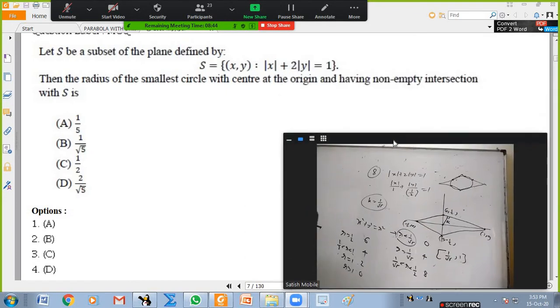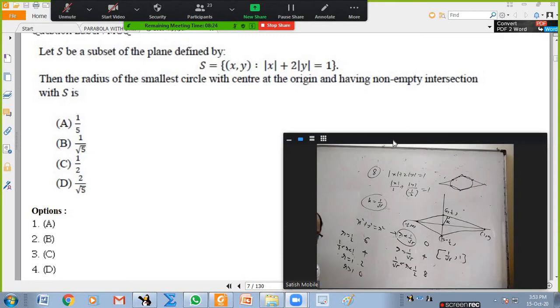As long as your radius is anything in the closed interval 1 by root 5 to 1, there will be some intersection. It may be 4, it may be 8, it may be 6. In that, what is the minimum radius? 1 by root 5. If we don't want any intersection, what are the possible radii? 0 to 1 by root 5, union the open interval 1 to infinity.